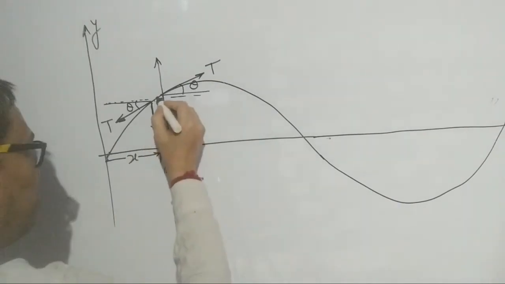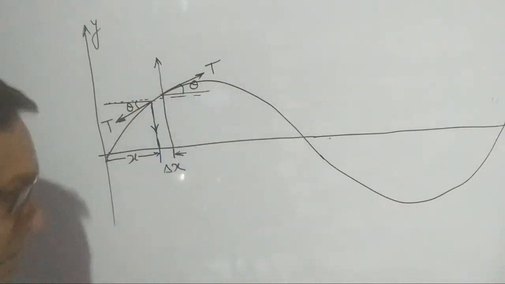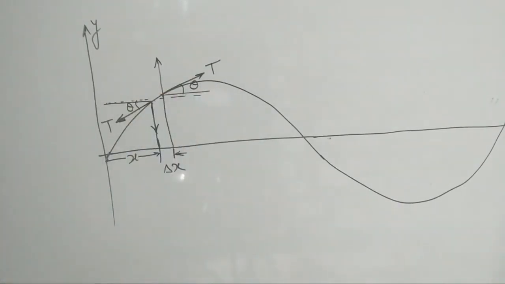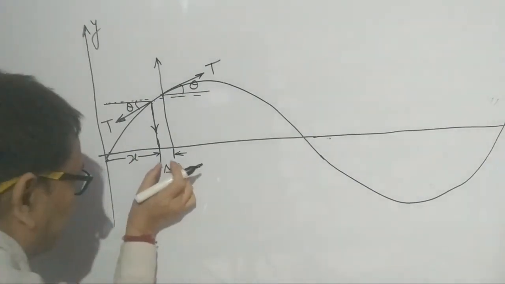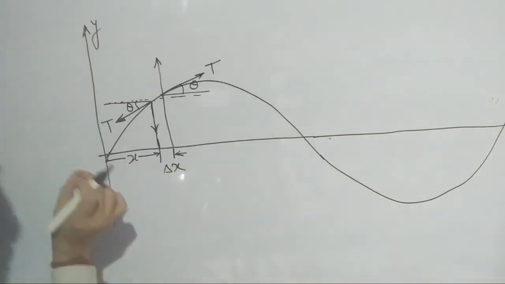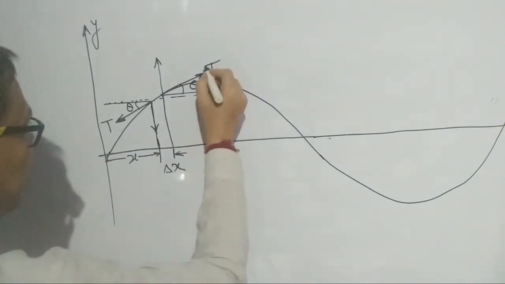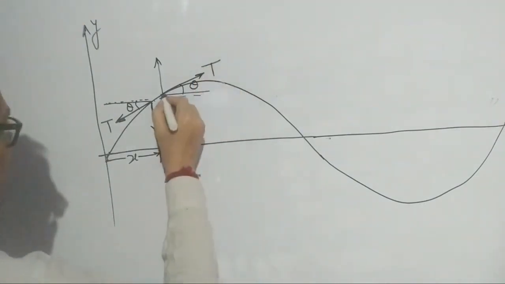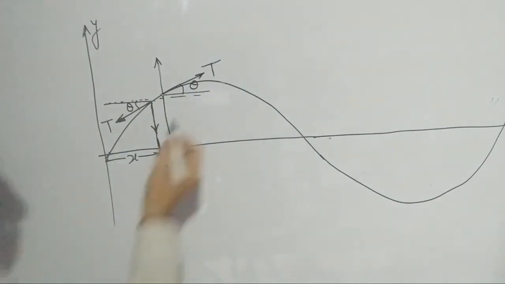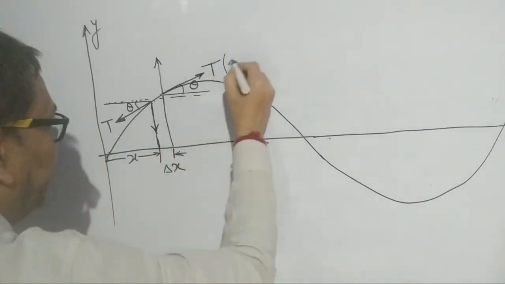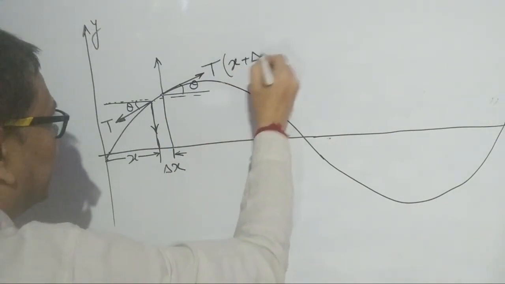Although it is acting on a point and this tension should be the same, it has a small distance parameter, delta x. So for that reason, this is the tension at the point x plus delta x.